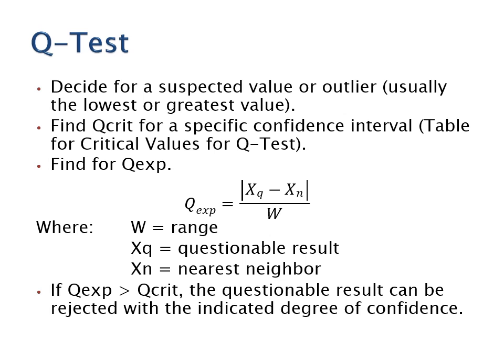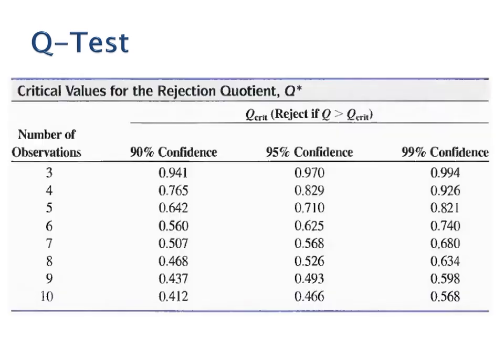So, paano malalaman yung XN? So, kailangan mo rin siya i-arrange ng lowest to highest, tas kung ano yung pinakamalapit niya. So, if Q experimental is greater than Q crit, the questionable result can be rejected with the indicated degree of confidence.